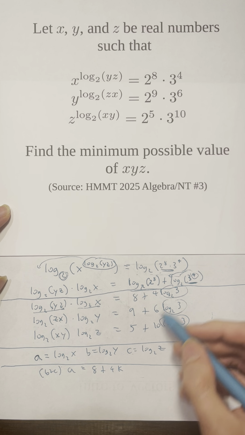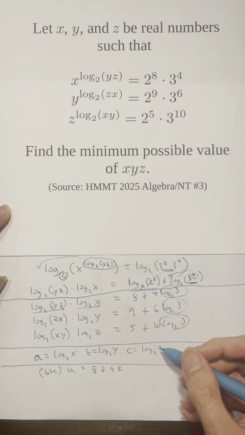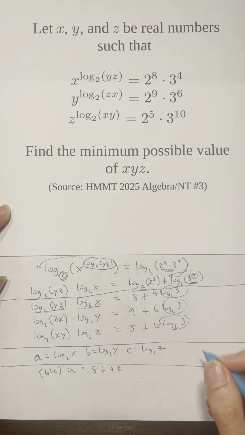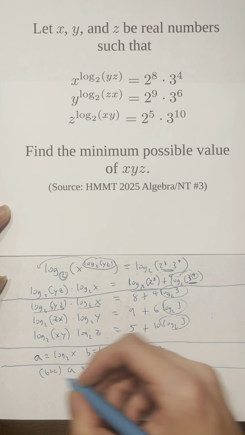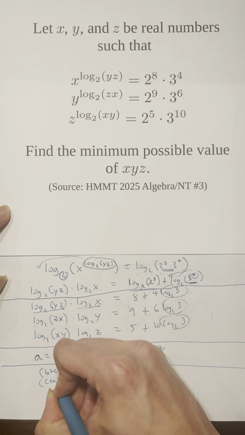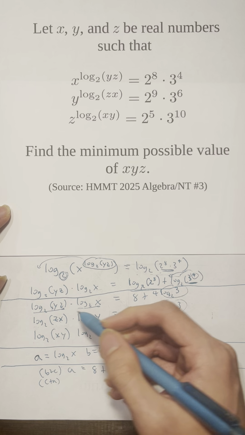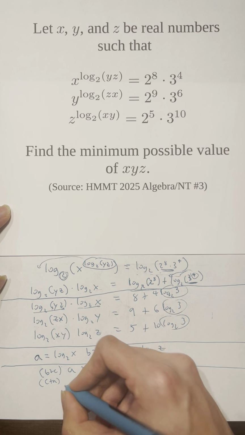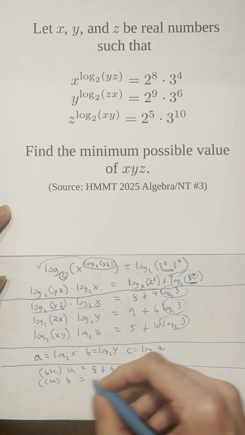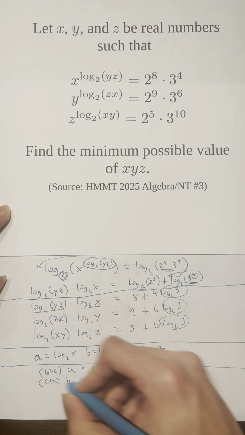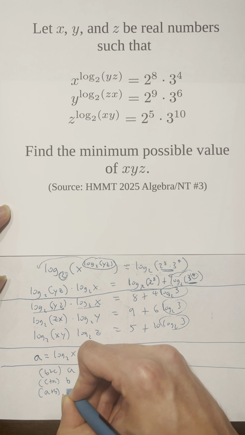I'm going to let this be equal to k because k is just simpler, and I can always change it back later. What would the next equation turn into? It's the same idea. Go to the next letter because it's symmetric. Same idea here.